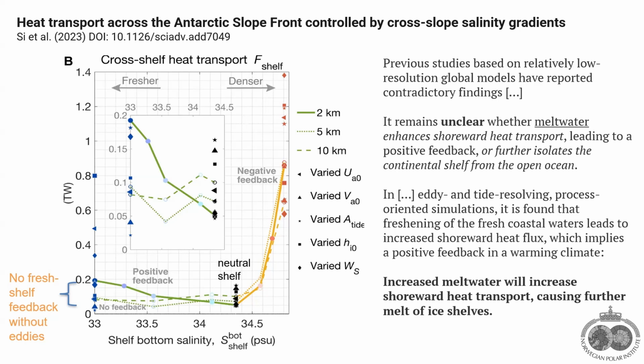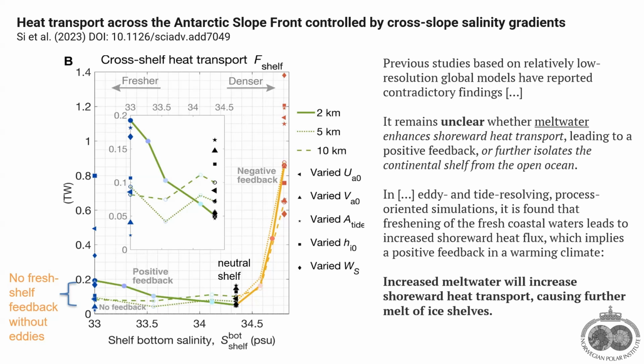And I like this paper very much because it synthesizes a few things that have been lingering around, but now it's demonstrated very clearly, and that's also what they write in their abstract and summary, that there has been unclarity about whether meltwater would enhance shoreward heat transport, leading to positive feedback, or further isolate the continental shelf from the open ocean, which is what you usually find if you run a more coarse resolution model where you don't resolve these eddy processes.